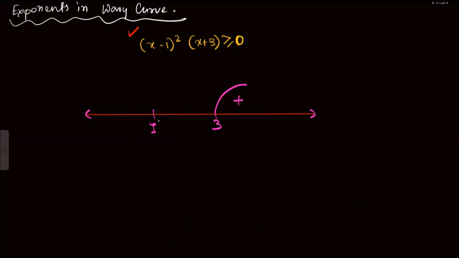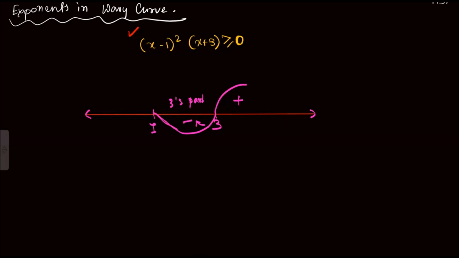I might have taught you this part, that this part is of 3. It is 3's part. And at 3, it goes down. I'm not able to draw one curve.